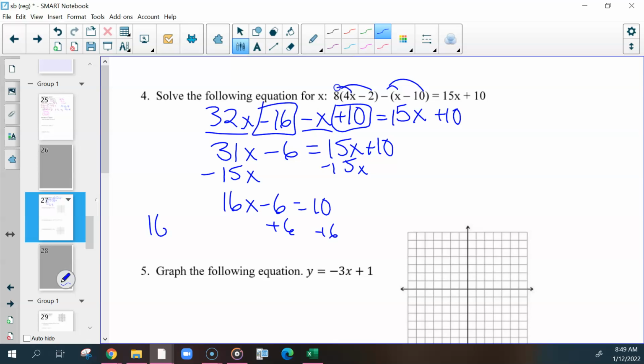So we have 16x equals 16. Divide both sides by 16 and we get 1. Questions on number 4?